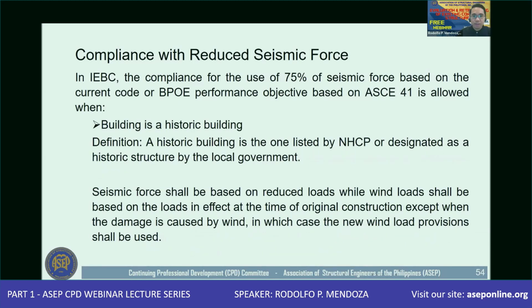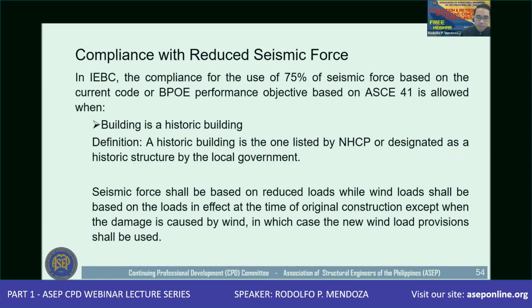Now, you are also allowed to use reduced seismic force when you are doing an evaluation of an existing historic building. Now, we should define that a historic building is one that should be listed or recognized by the National Historical Commission of the Philippines or as designated by a local government. So in evaluating such a historical structure, we are allowed to use reduced seismic load and also reduced wind loads.